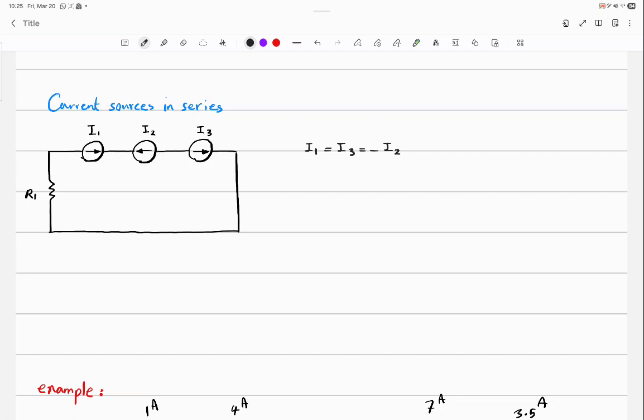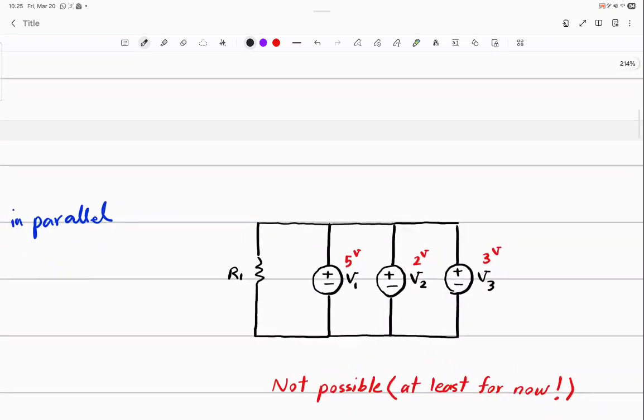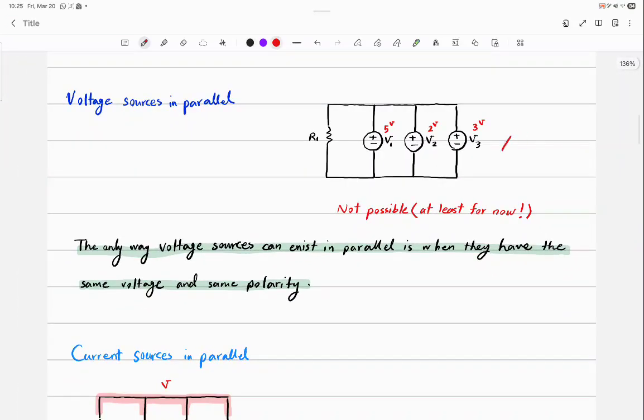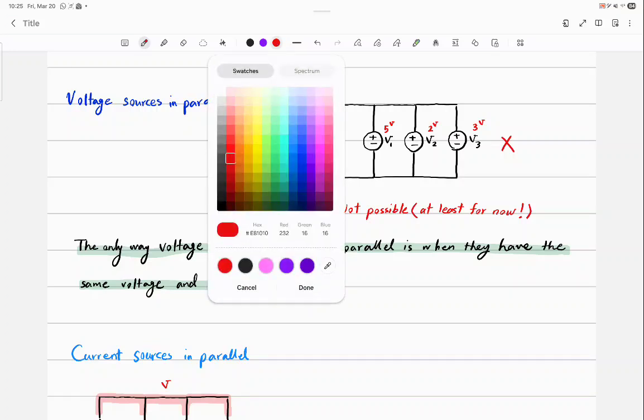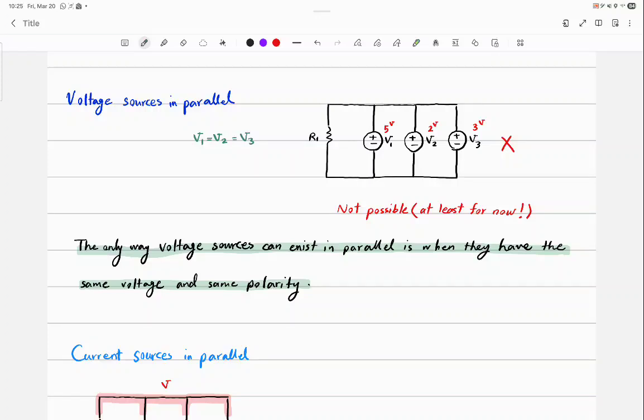But something that we didn't talk about here, so first of all, this is not possible. The only possible case that we could have is this, when V1 is equal to V2 is equal to V3, right? That's the only possible case for that.